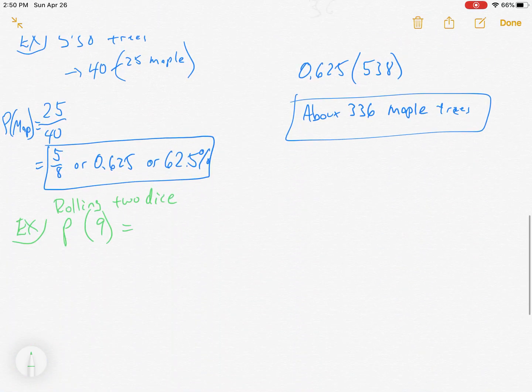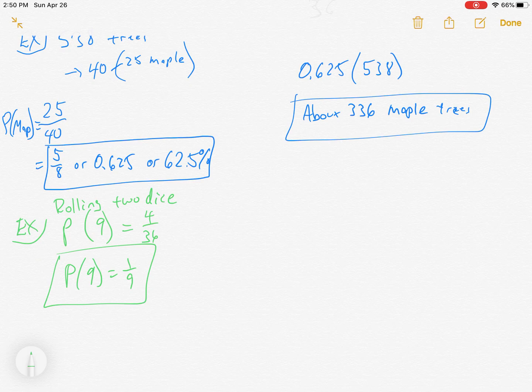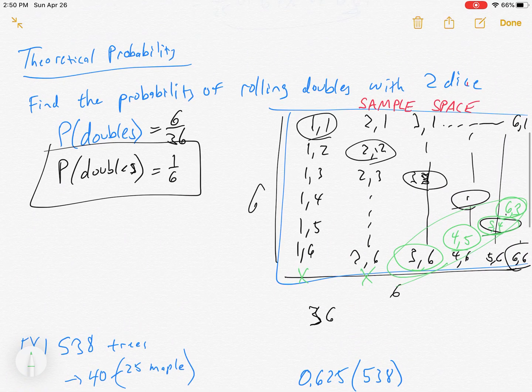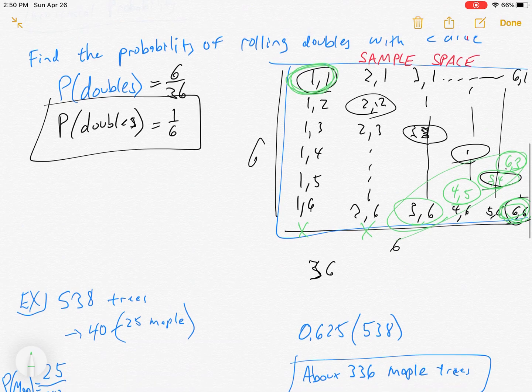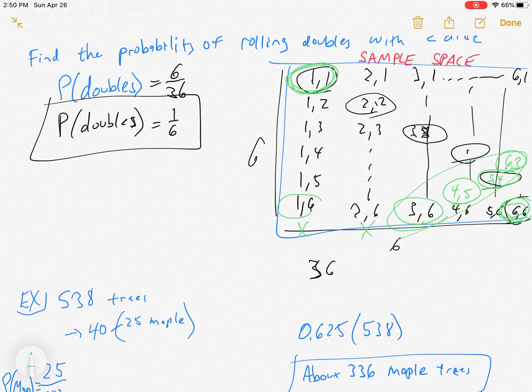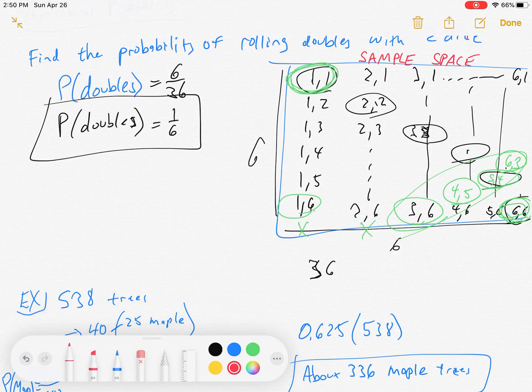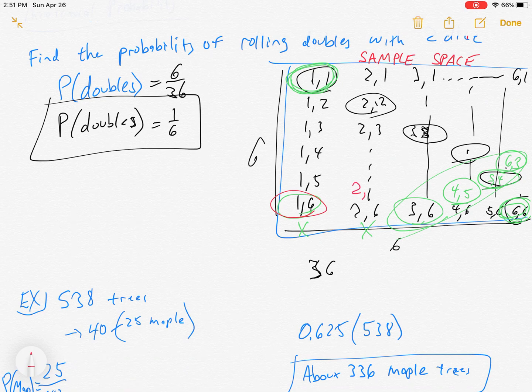None of the first column do, none of this column do, but there's a 9. Another 9 would be 4 and 5. Another 9 would be 5 and 4. Another 9 would be 6 and 3. So there are 4 chances to get a 9 out of, we already said it was 36. It's the same thing as 1/9. So a 9 is only a 1/9 chance.